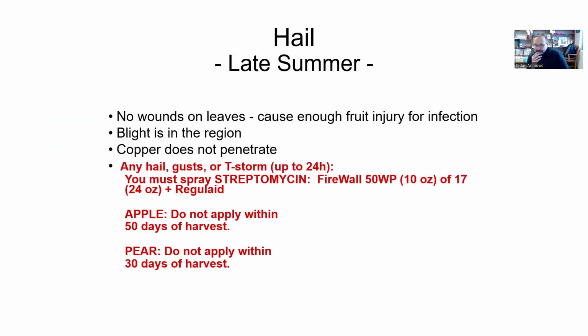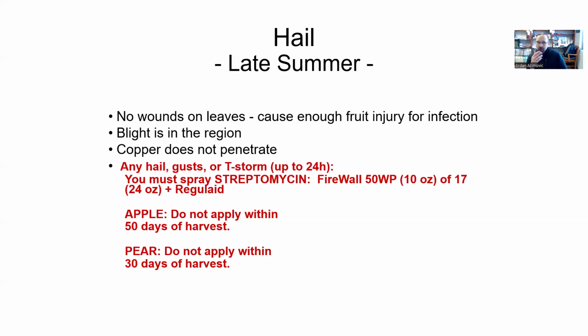Finally, the hail. During the summer, if you get hail and you have had active infection and removed the symptoms, there's a potential that you're going to get open wounds on your bark and on your shoots. Sometimes, even if you don't see wounds on the leaves, the hail can cause enough fruit injury for infection to occur.